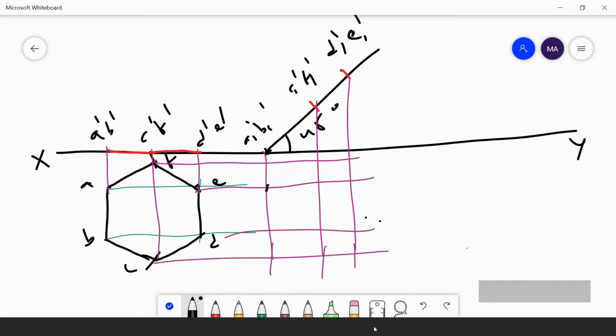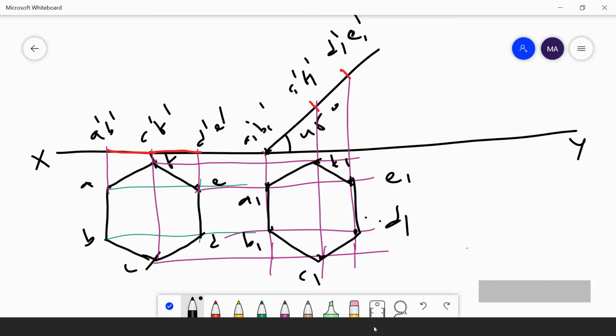Here it is A, here it is A1. Here it is B, B1. Here it is C, C1. Here it is D, D1. Here it is E, E1. Here it is F, F1. I am joining all these points A, B, C, D, E, F. Understand? Now up to here it is clear?